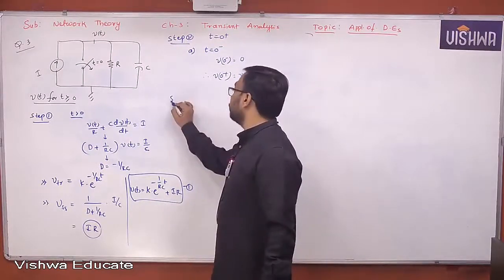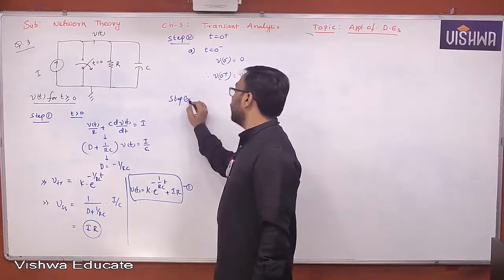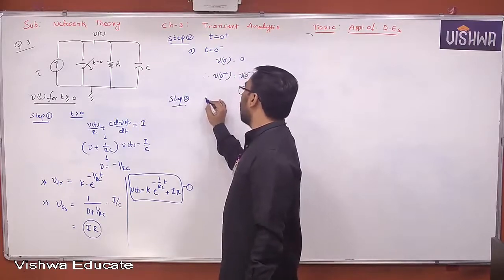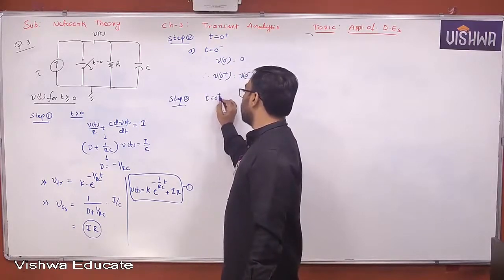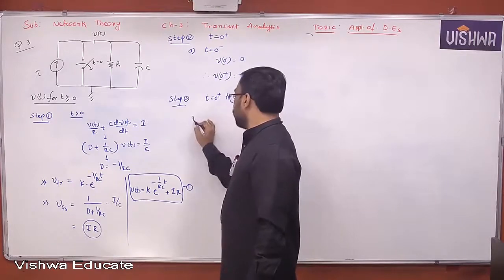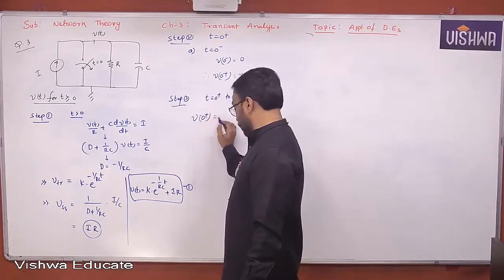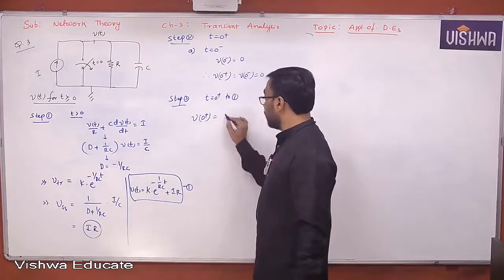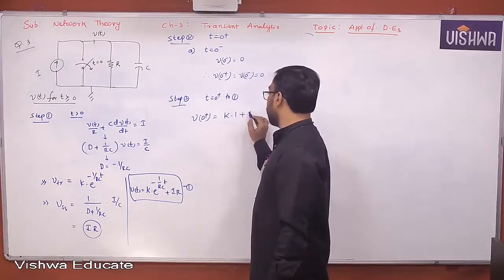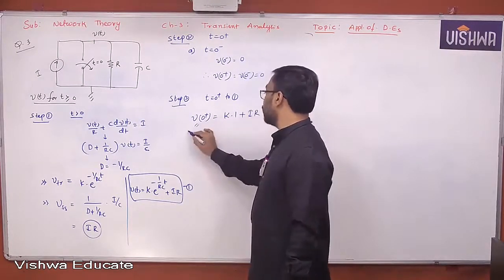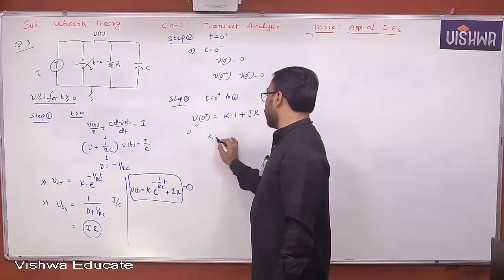Now, step 3. Apply t equal to 0 plus conditions to equation 1. So V of 0 plus is equal to K into 1 plus IR. This value is 0. Therefore, K is minus IR.